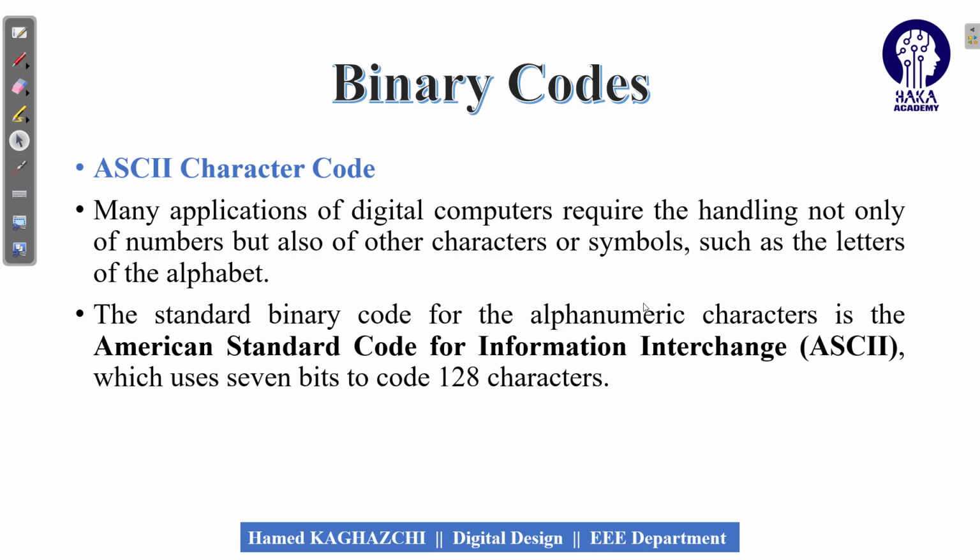So the question is, when we write a message or a text, how can we represent these alphabet letters or symbols like dollar, greater than, less than, or others, for example the question mark, with the binary code using 0 and 1?